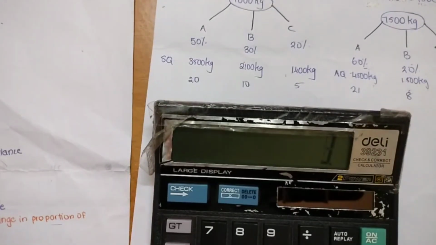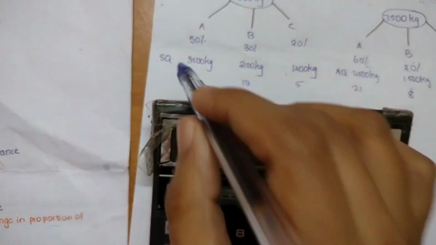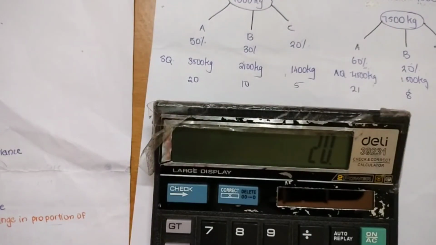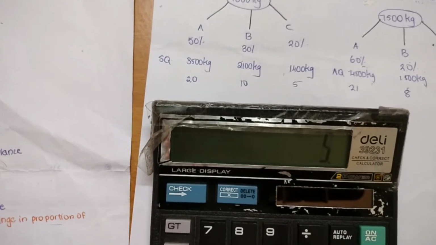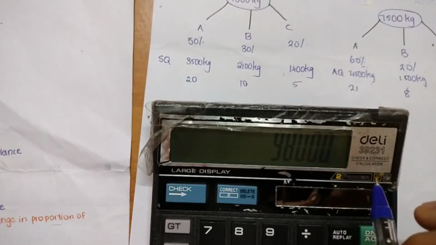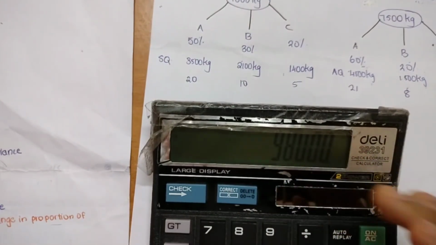So 3500 kg for A, 3500 into 20 plus 2100 into 10 plus 1400 into 5. I got 98,000, so 98,000 is the standard cost.